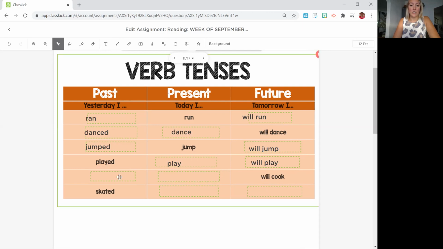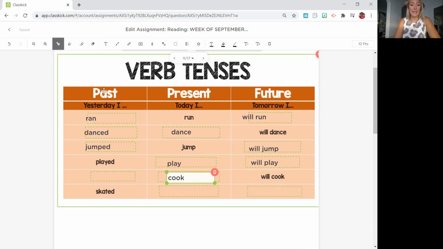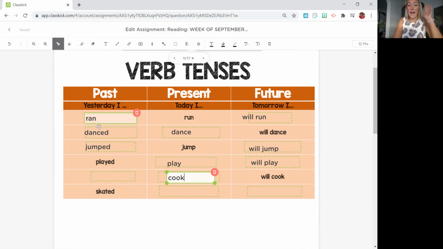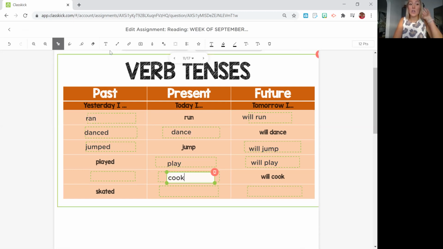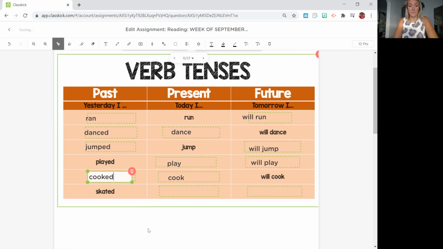Our next one, cook. Today I cook. In the past tense, yesterday I cooked. Add the past tense ed. And tomorrow I will cook. Yesterday I skated.